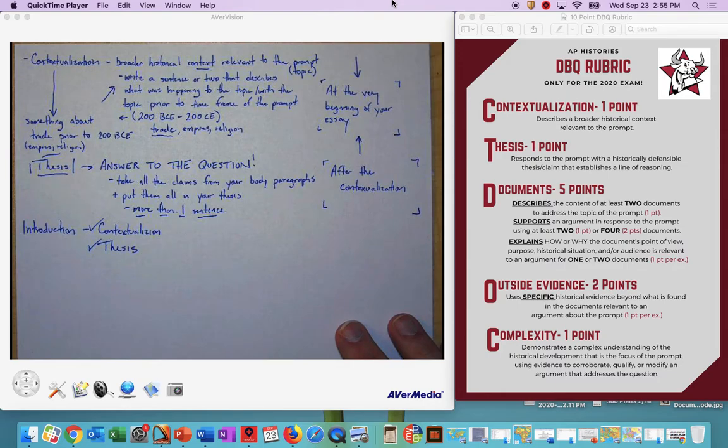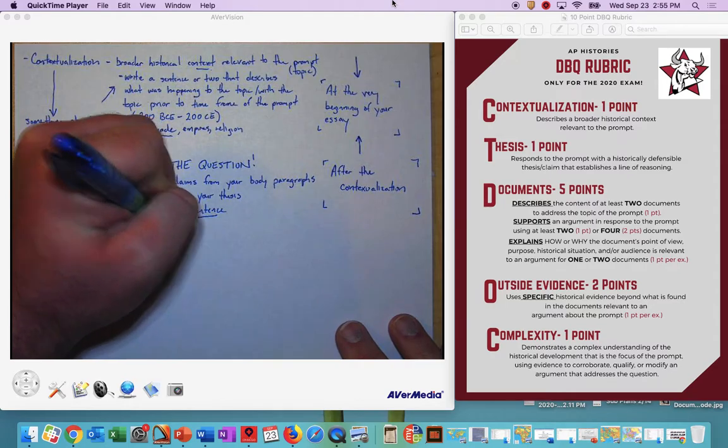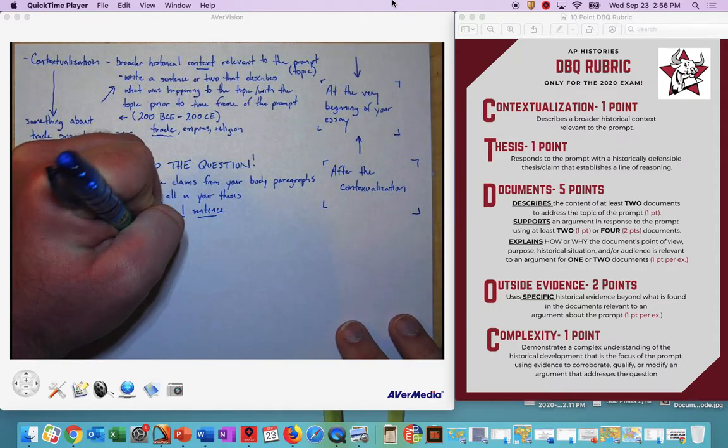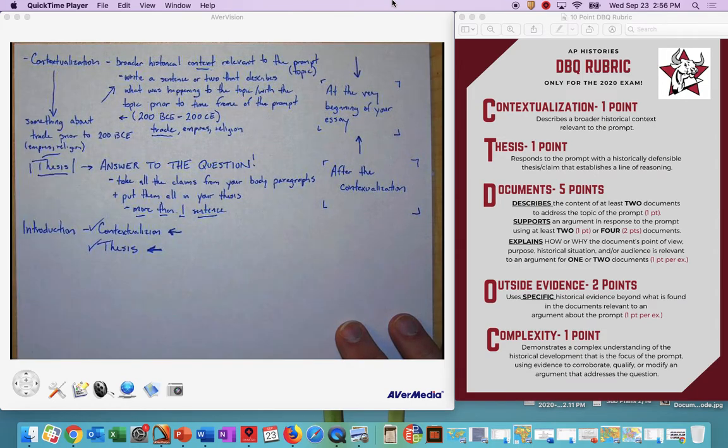You should not be writing a hook like your English teachers might teach you to do. You do not need to grab the reader's attention. You do not need to get them interested in what you're reading and what you're going to write. They have to read what you write. You don't have to get my attention. I'm paid to read your essays. So you don't have to get my attention. You don't have to be witty or clever. You just need to start your essay with a contextualization and a thesis. That's it.